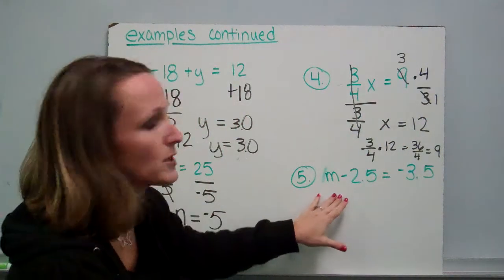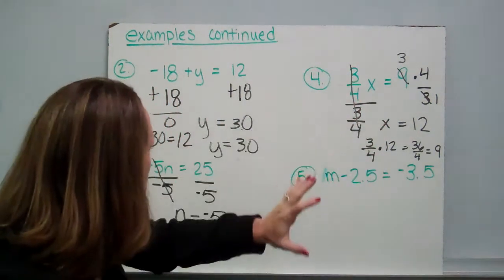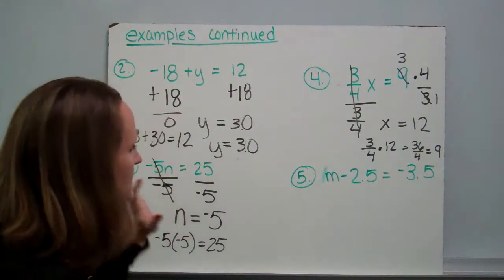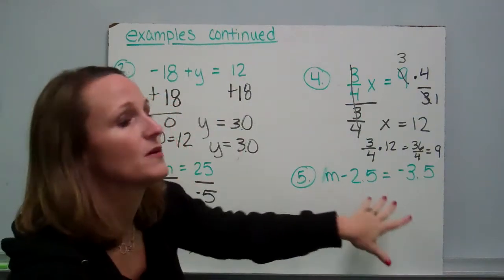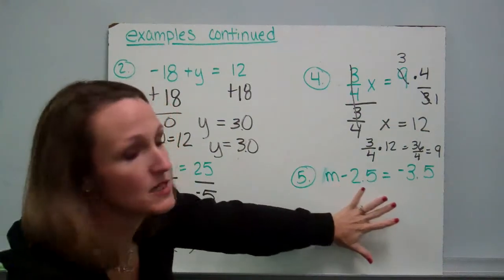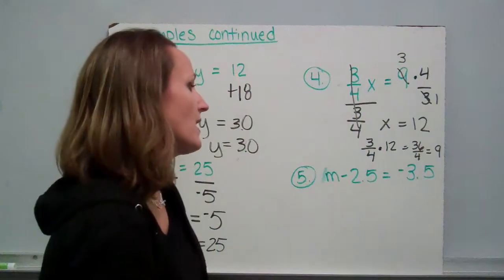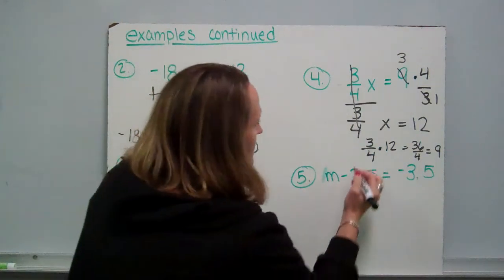Okay, let's look at one more example. This one has decimals. Notice that whether I've worked with fractions, negatives, positives, they've all been the same. So if I'm dealing with the decimal, it's still going to solve the same way. I use an inverse operation and I isolate the variable. So here I have m minus 2.5. The inverse of subtraction is addition.